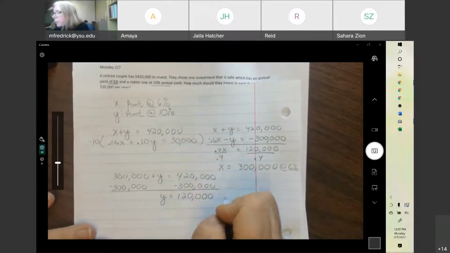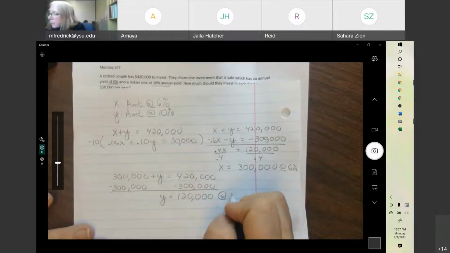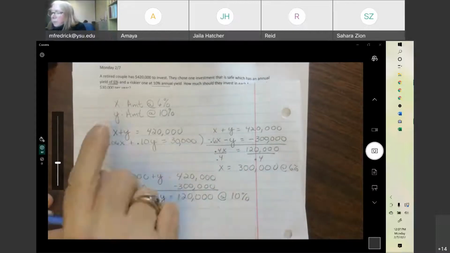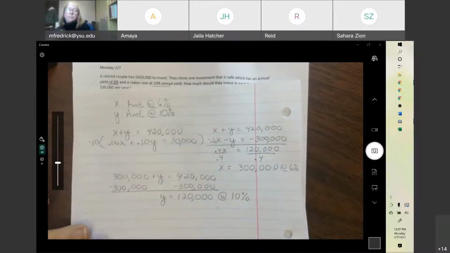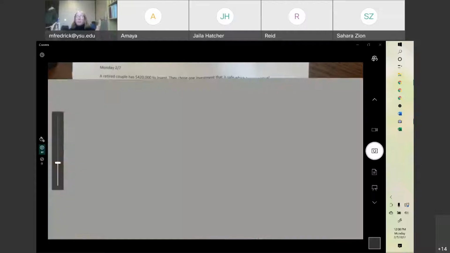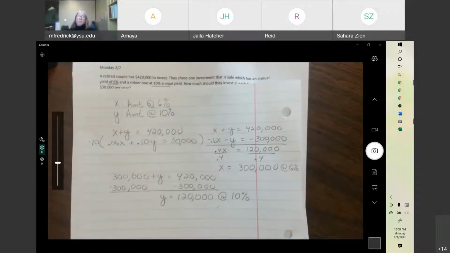Get 120,000 at 10%. That was Y. Are there any questions on that? A lot of students got it right, but a lot who got everything else right missed this one. Any questions?